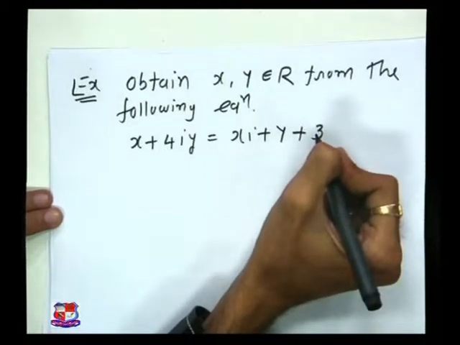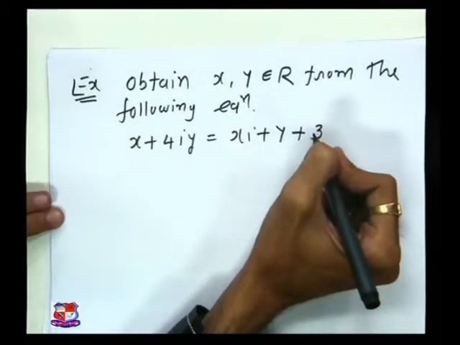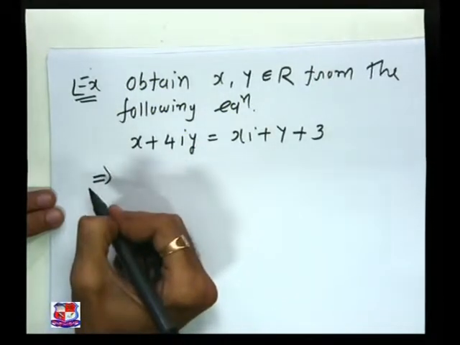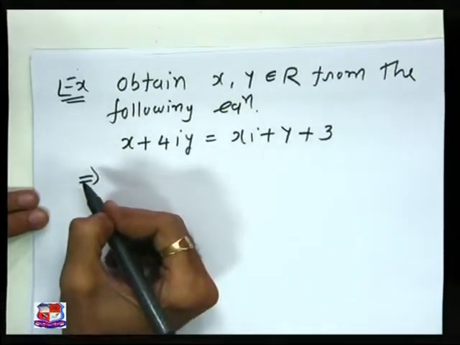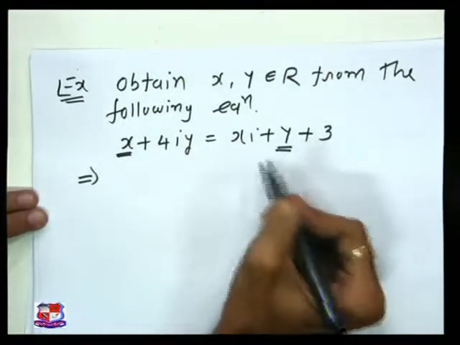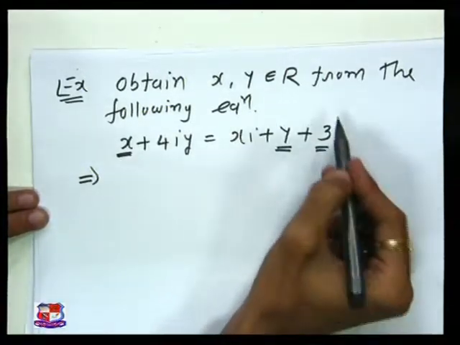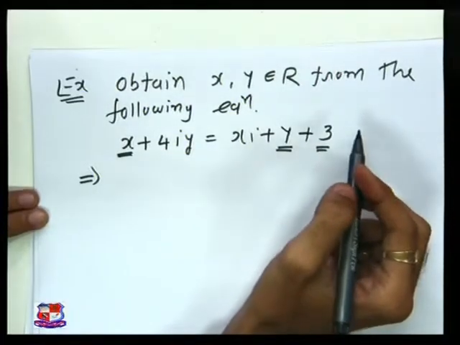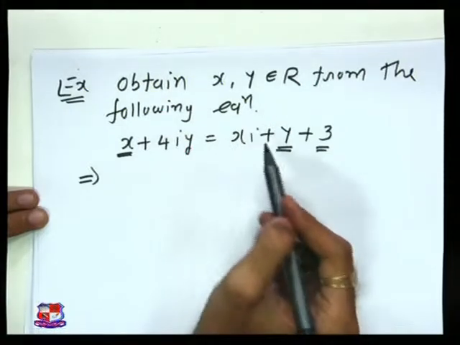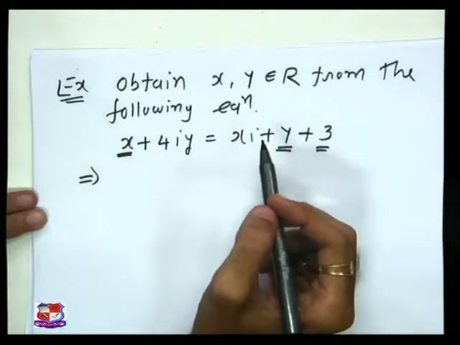First we need to clear which are the real parts and which are the imaginary parts. Here x, y, and 3 are real parts, and the parts with 4iy and xi are imaginary parts.